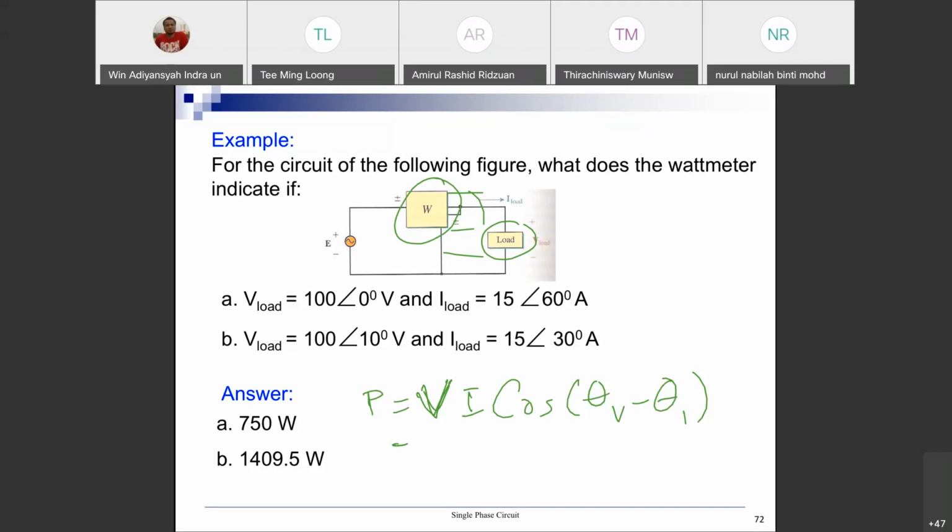So V is 100, I is 15, V angle is 0, I angle is 60.